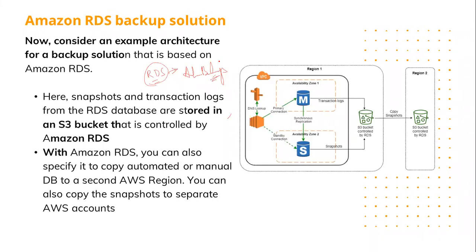You can also create manual snapshots or manual backups, where you manually click on the database, go to actions, and create a snapshot from it. Yes, you can do it. Whenever you take a snapshot, or the automated backups, they are stored in an S3 bucket. But this S3 bucket is managed by RDS or AWS only. You will not be seeing it in our S3 buckets, no.